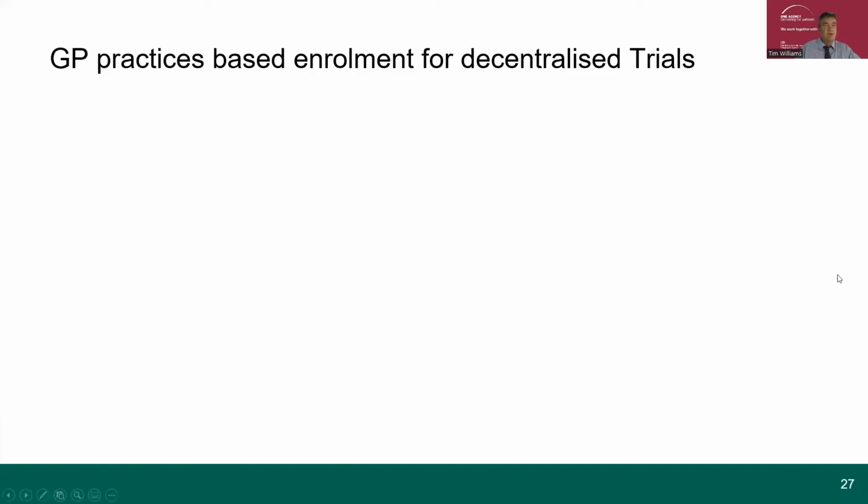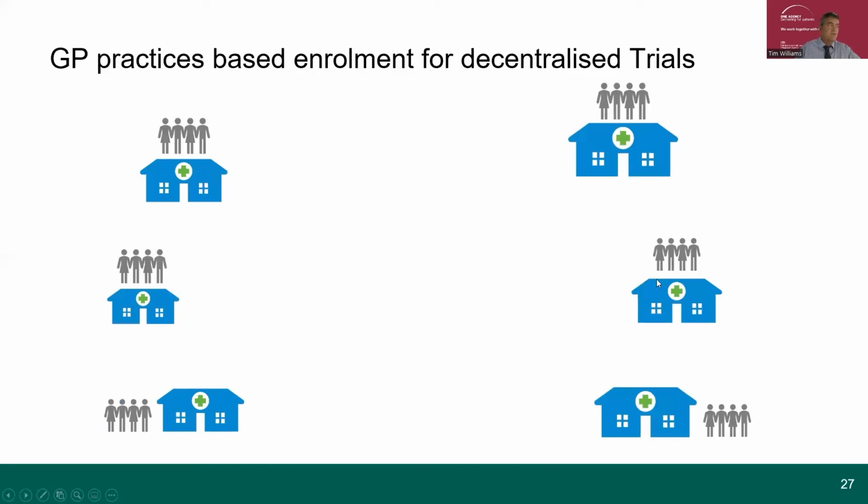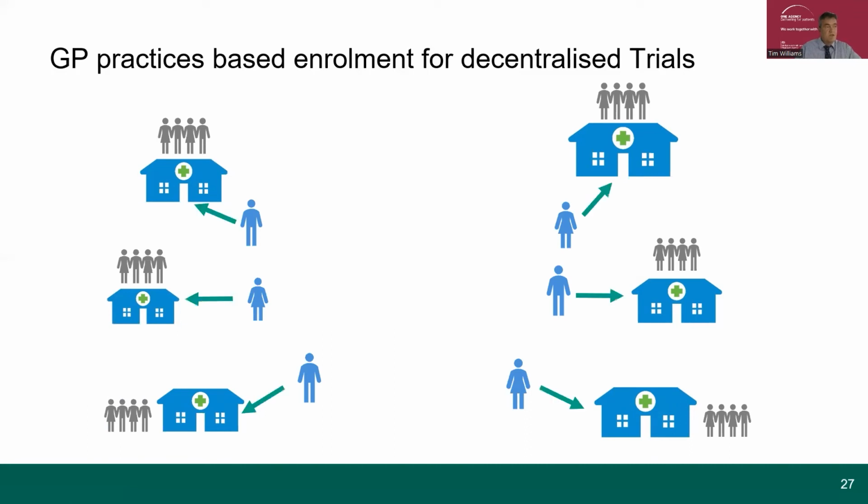So if we think about the previous situation, we've got our 6 practices here, and we've got the populations at these practices. Within those practices, we've applied the criteria and identified the patients at each practice who are suitable for the trial. Now, the GP has invited them already, and then the eligible patient contacts the GP. They don't have to have a visit. This can be done remotely.